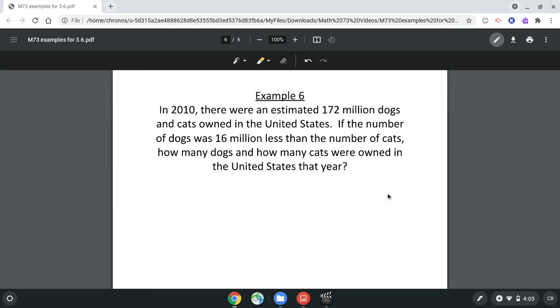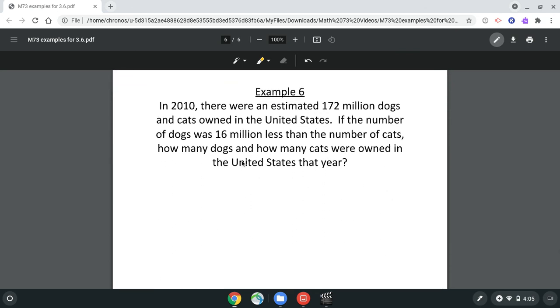Okay, example number 6. In 2010, there were an estimated 172 million dogs and cats owned in the United States.